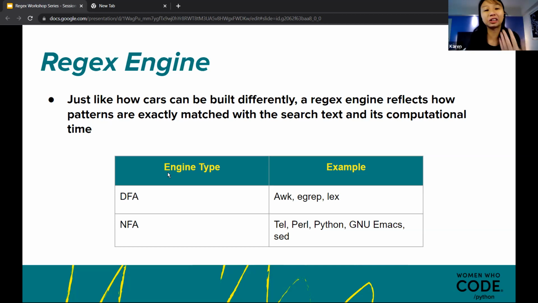The two fundamental ones, the OG two, are the DFA and NFA. The major difference between a DFA and NFA is how they start searching. One of them will search every single pattern, and one of them will search the pattern.